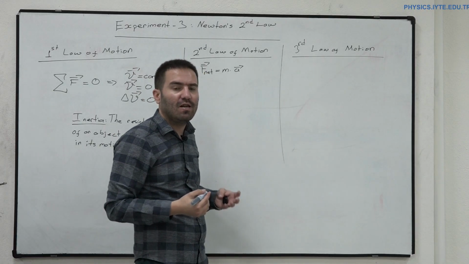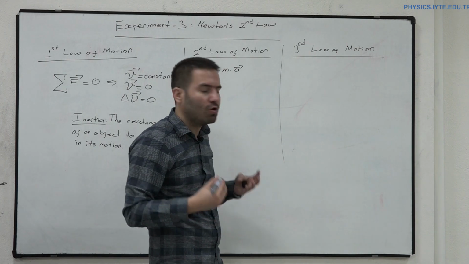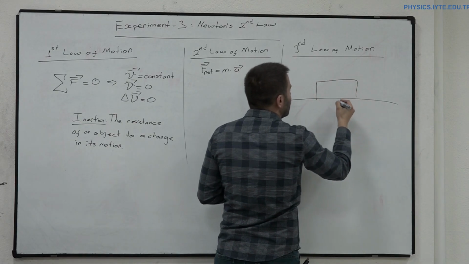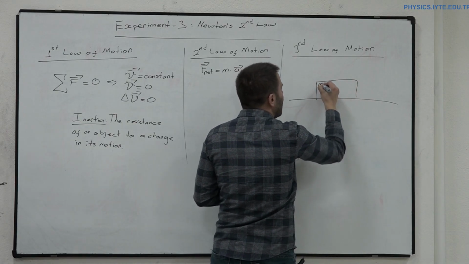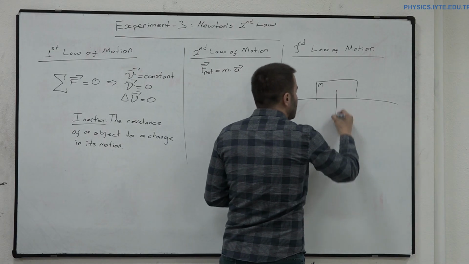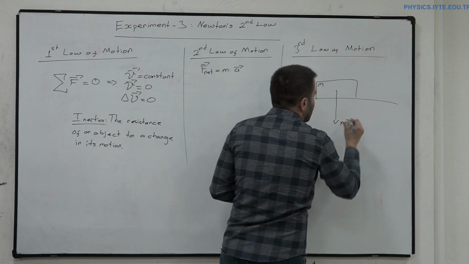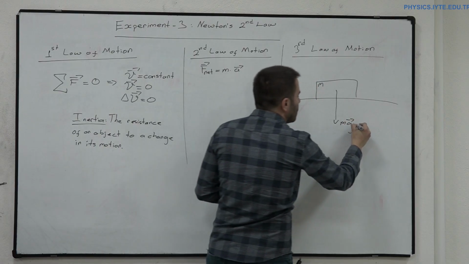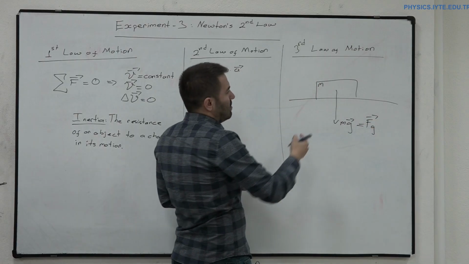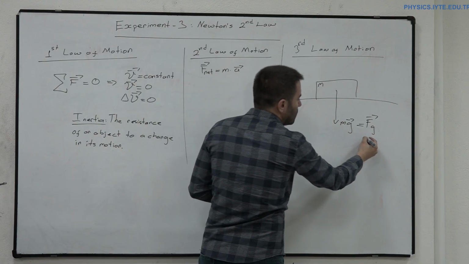The most common place where we see a reactionary force is what we call a normal force. Let's imagine there is an object sitting on the ground with mass m. What happens is the gravitational force will pull this object down with a force which is equal to m times g, which we usually call Fg, the gravitational force. And this means that this object will exert a force on the ground which is equal to Fg.